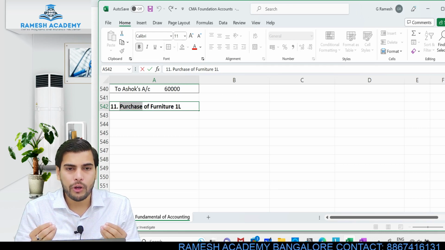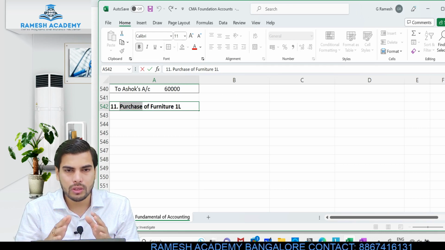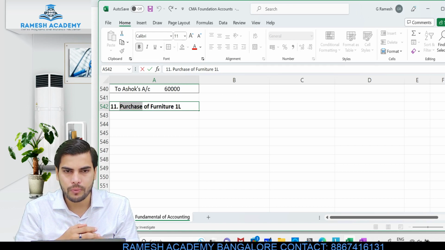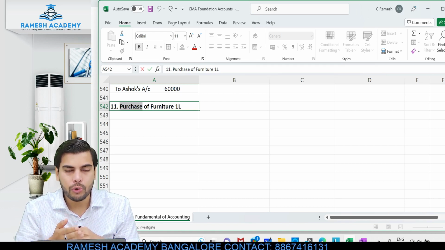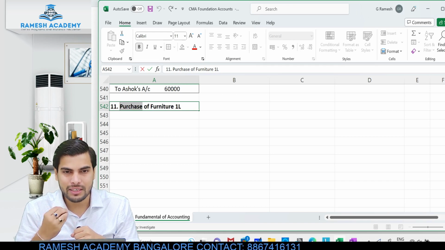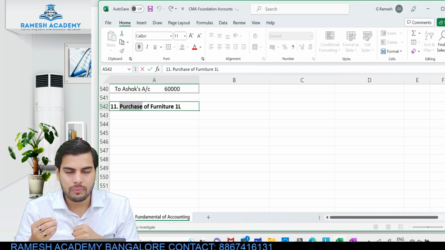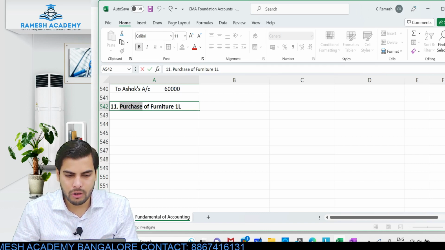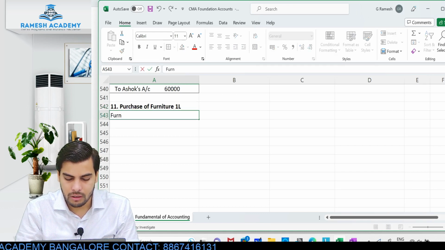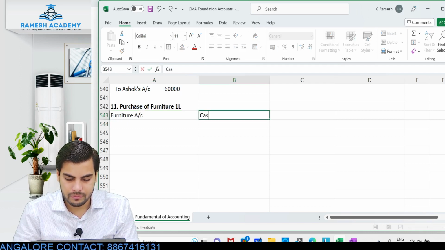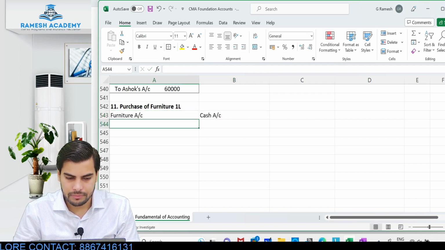Whenever you purchase any fixed asset, don't use the term purchases because it's not goods for you. You will have to give effect to the concerned fixed asset. Here, don't you think the furniture which I'm purchasing is a fixed asset for me? Can I use the term purchases? No. The accounts which will get affected are the furniture account and the cash account.